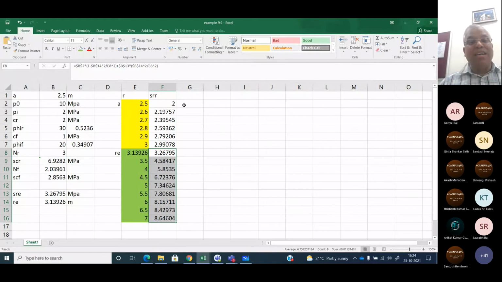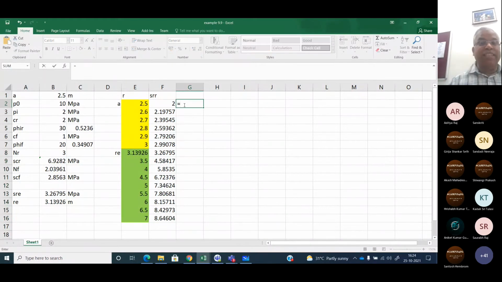Now sigma theta theta will be restricted here. First I write sigma theta theta, let's say QQ. This will be sigma CF plus NF into sigma RR. Sigma RR we have already calculated. Sigma CF we know, plus sigma RR into NF.